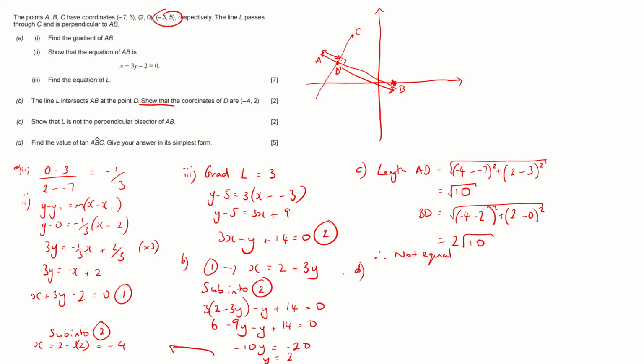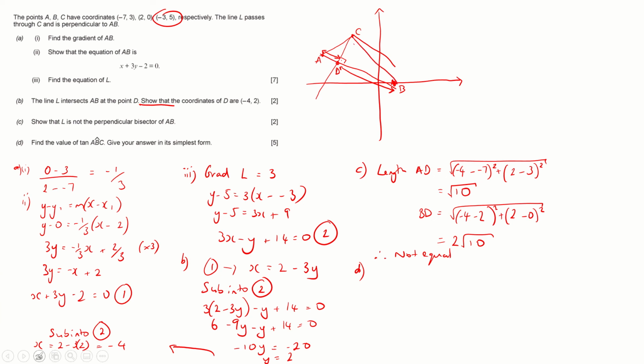Part D. Find the value of tan ABC. Give your answer in its simplest form. Now, ABC. If we were to connect, let's say that, and let's get rid of that one, and a better line than that together in the diagram, oh my goodness me, let's go for that one.